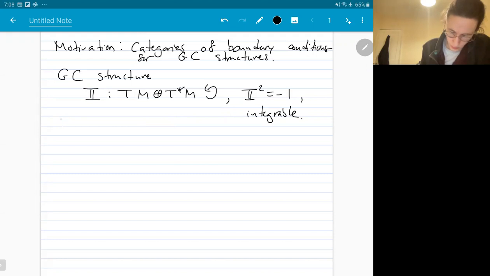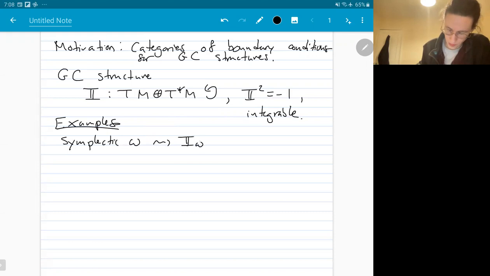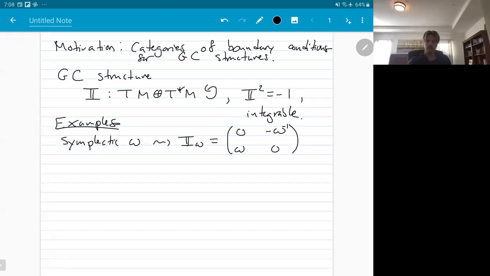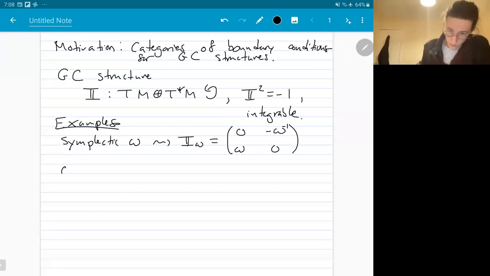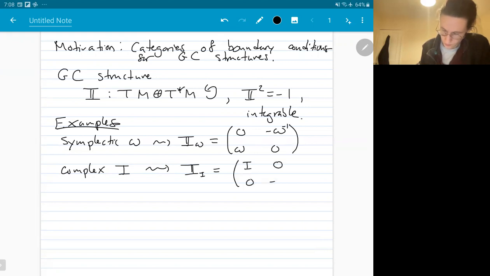The two extreme examples that we know are symplectic structures, where the GC structure is given by this formula, and the other extreme is complex structures. In this case, the GC structure has the following form.